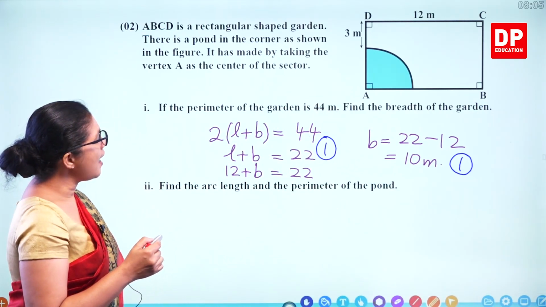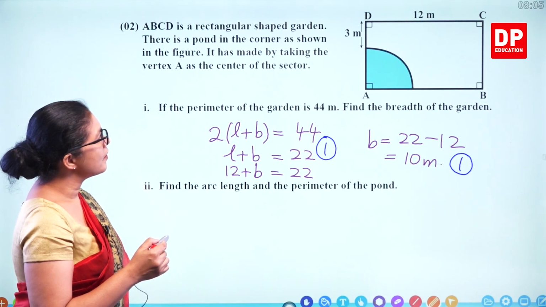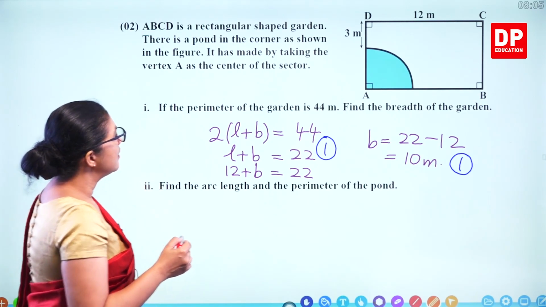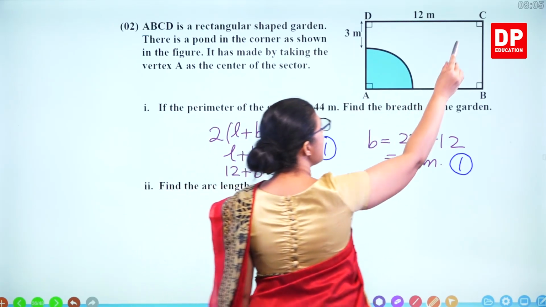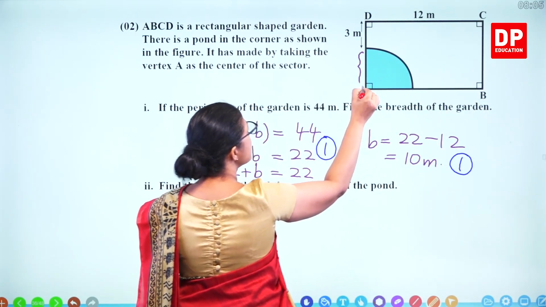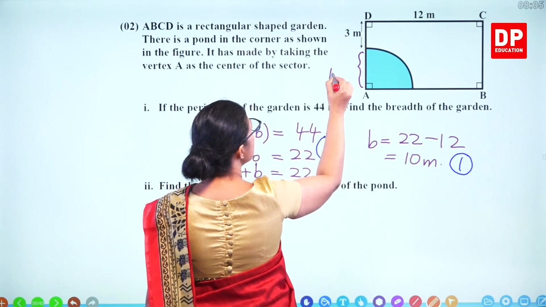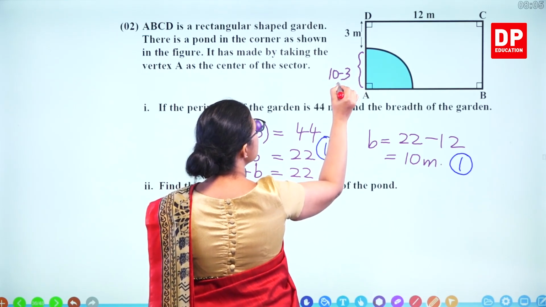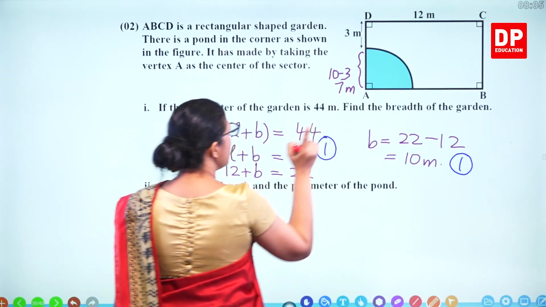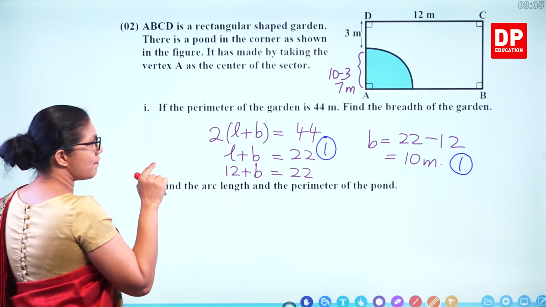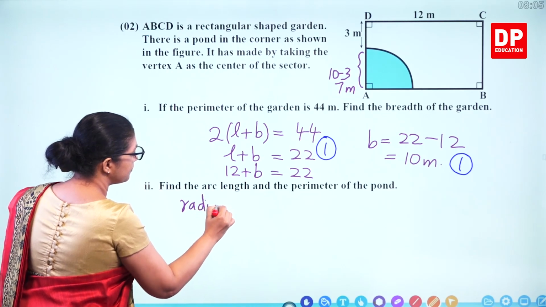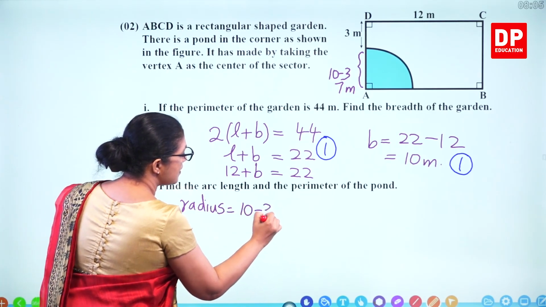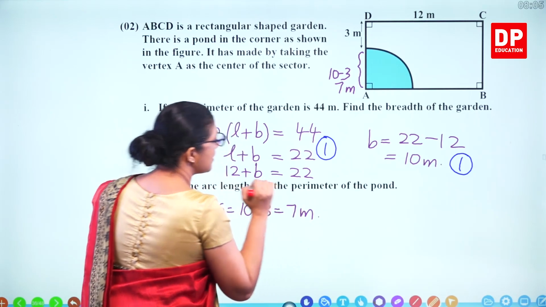Find the arc length and the perimeter of the pond. So what's the arc length here? The whole length is 10. So what is the radius? 10 minus 3, that's 7 meters. So first we find the radius, 7 meters.